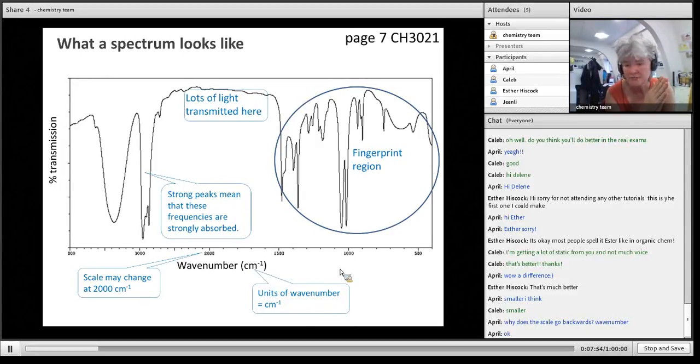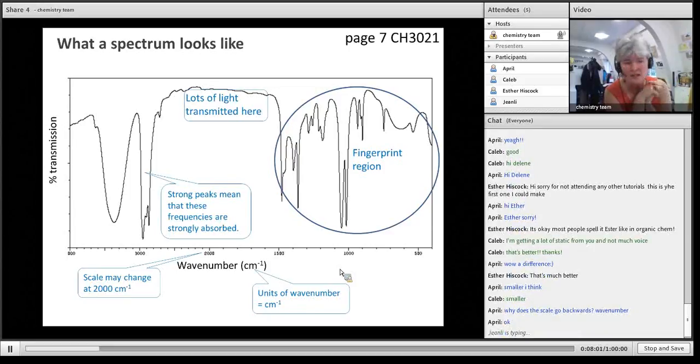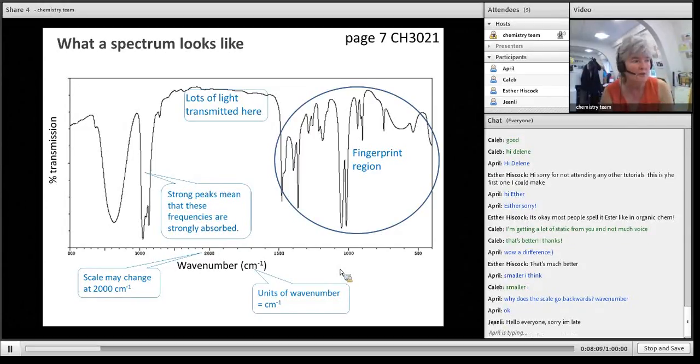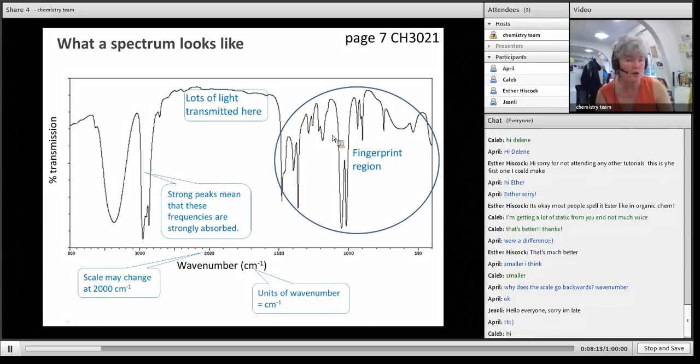So if, say for instance, they were checking your urine and you came up with a particular pattern for a particular drug, then if it matched, they know that you had that chemical in your body. So this is the area where the computer will match.